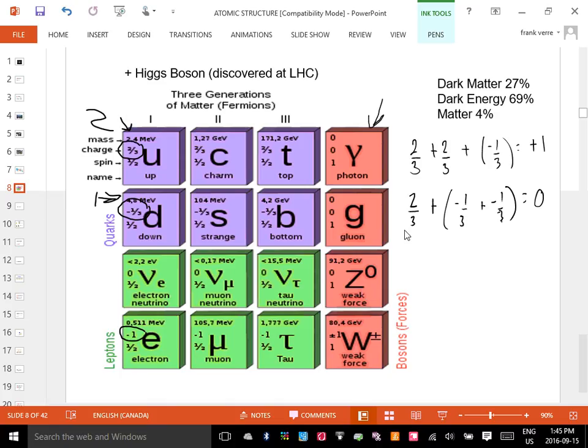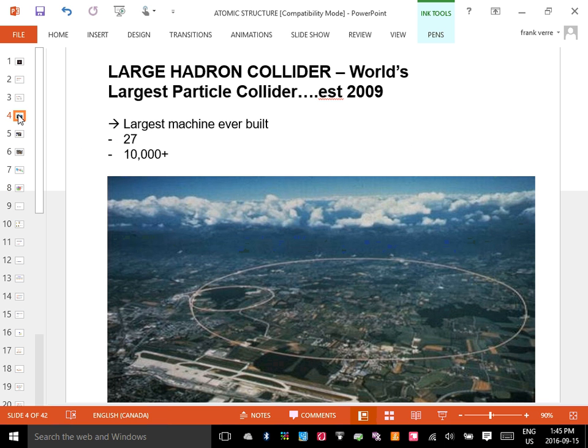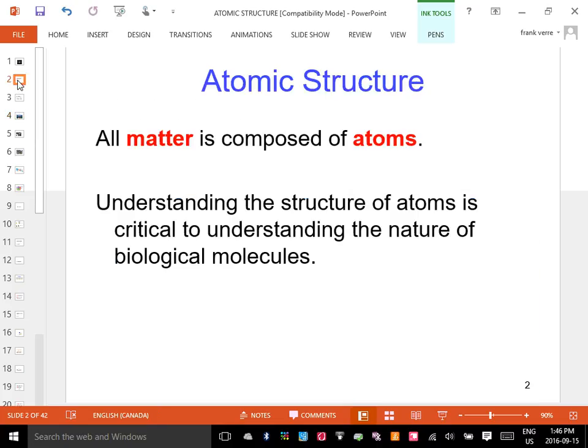So this is called the standard model of particle physics. There's been an addition recently. One of the reasons they built the LHC, this big monstrosity, was they were looking for a particle called the Higgs, known as the God particle. You learned a long time ago that matter is made up of atoms, and that matter is anything that has mass and takes up space.